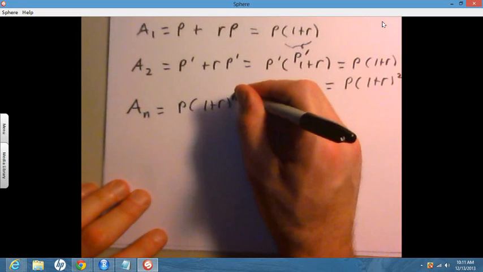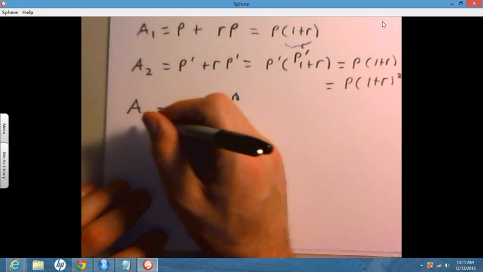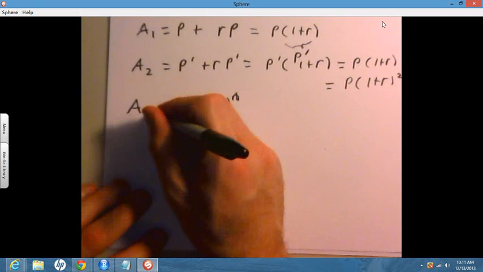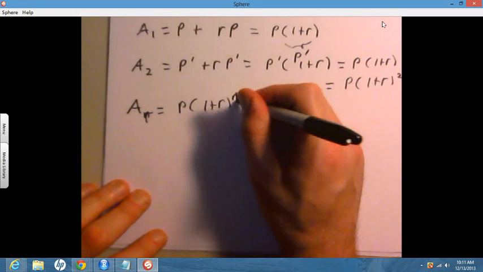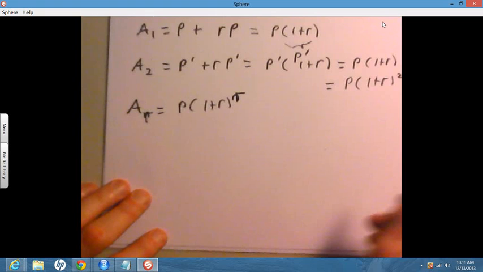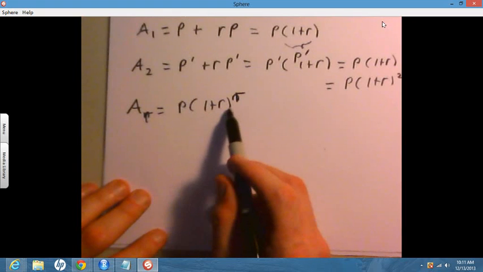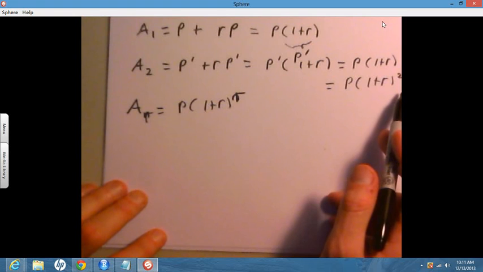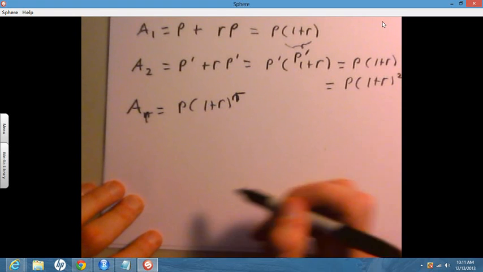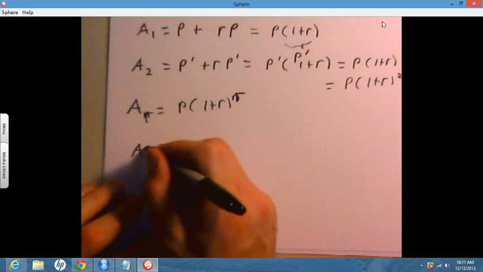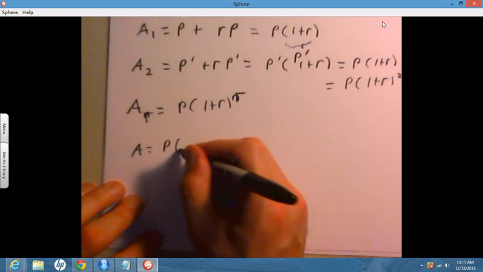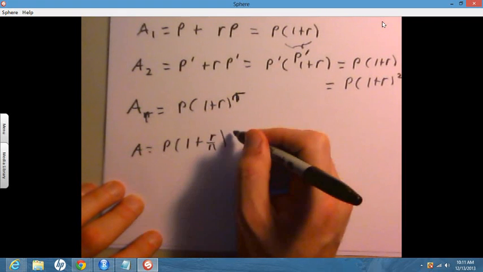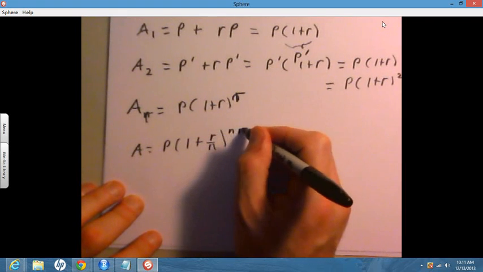If I compound for t years, then this would be 1 plus r raised to the t, like this is 2 years, this is 2. Now, it's a very similar argument to extend it to if I have a compounding period of n, then it's just going to be A is equal to P times 1 plus r divided by n raised to the nt. Okay. So I hope that makes sense.